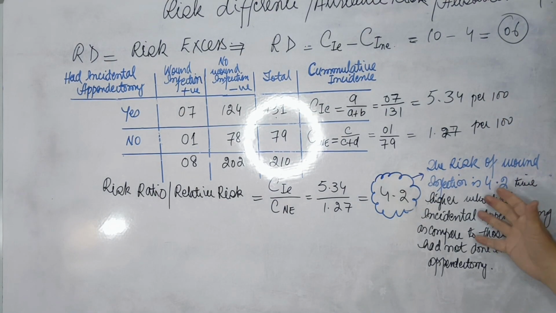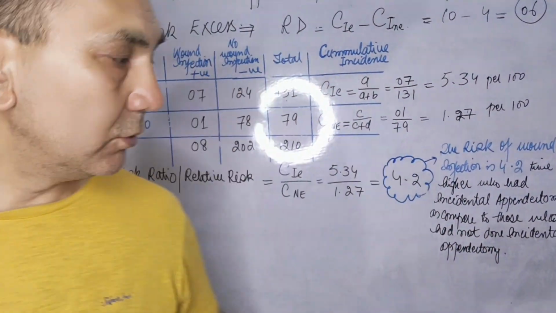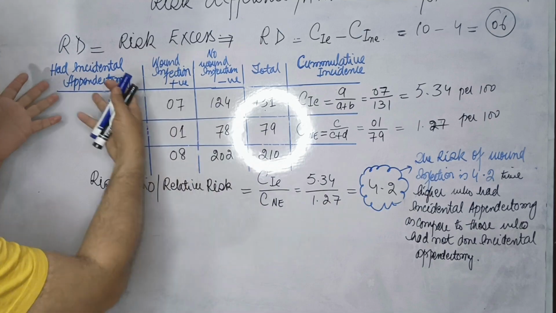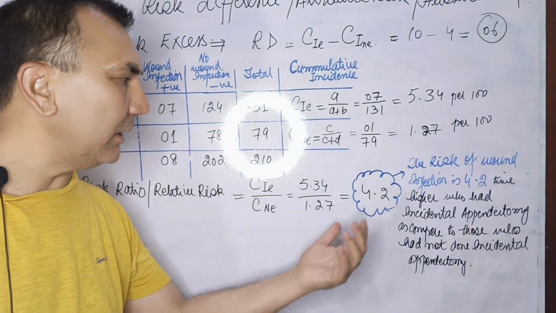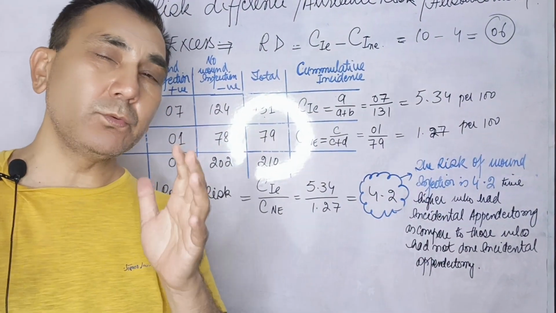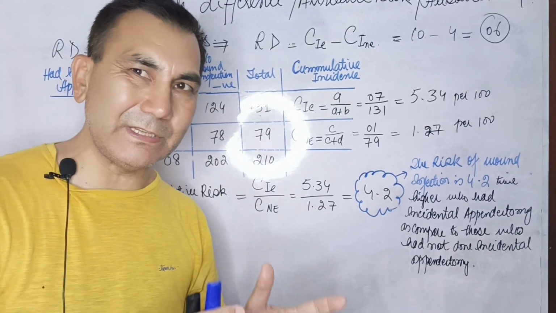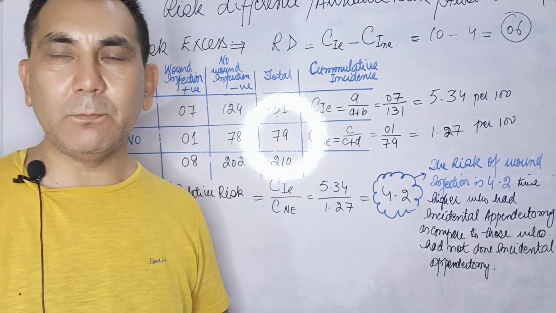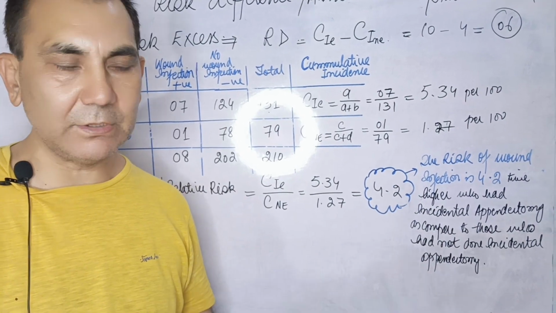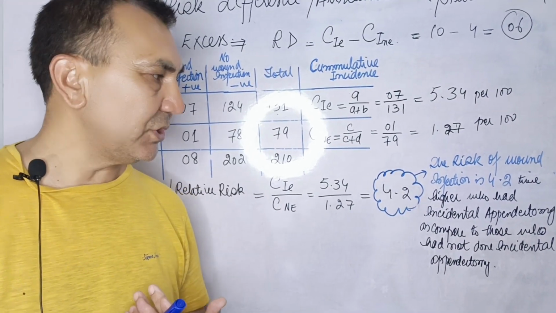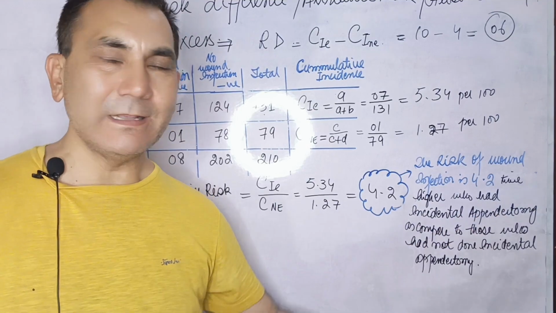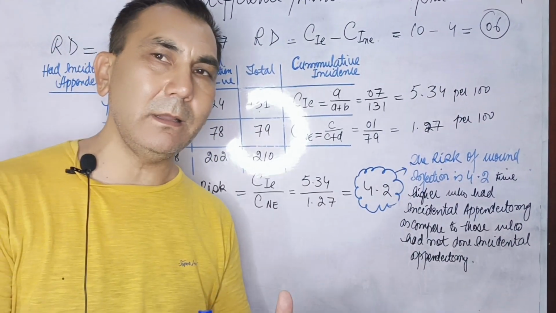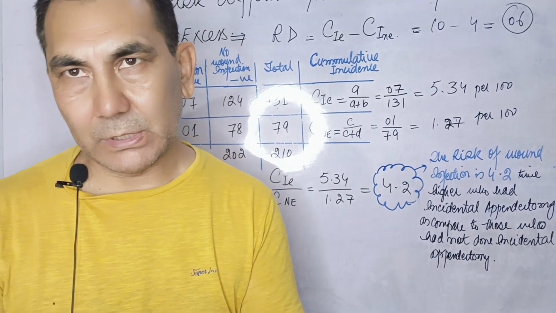Okay, it means those who have been exposed, those patients who have done the incidental appendectomy, they are 4.2 times higher on the risk of getting the wound infection after the post-operative surgical procedures as compared to those who had not done the incidental appendectomy.